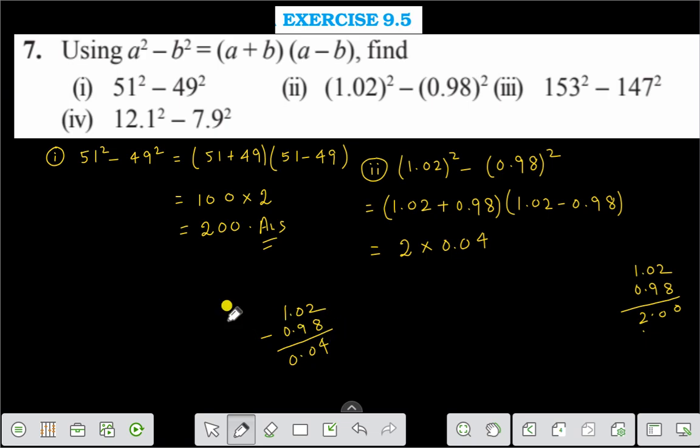If we multiply 0.04 with 2, we get 0.08. Therefore, the answer we are getting is 0.08, and that is the answer of question number 2.